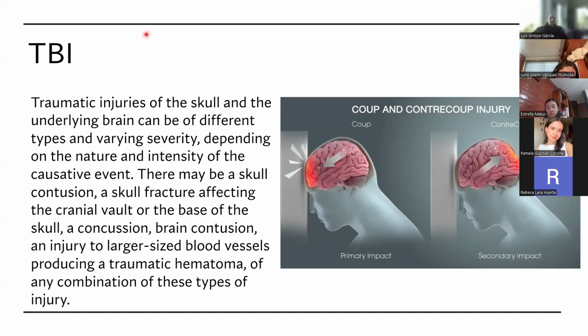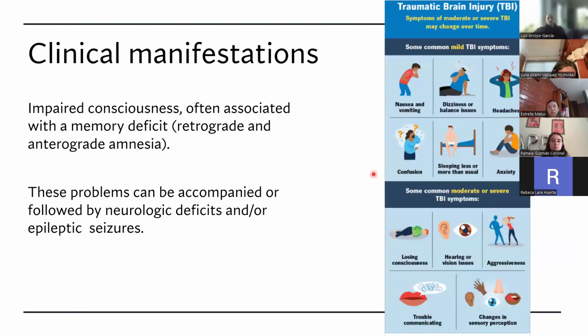So for example, there might be a skull contusion, a skull fracture affecting the cranial vault or the base of the skull, or a concussion or brain contusion, an injury to larger blood vessels, for example, producing a hematoma. And this is what we're going to check today.